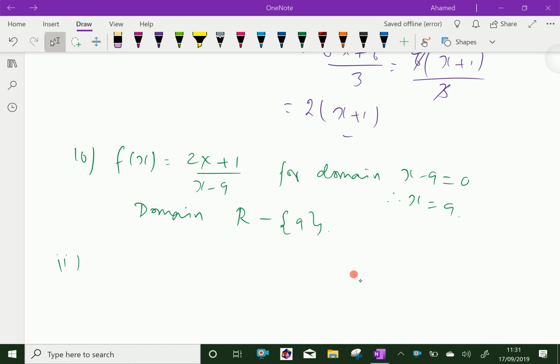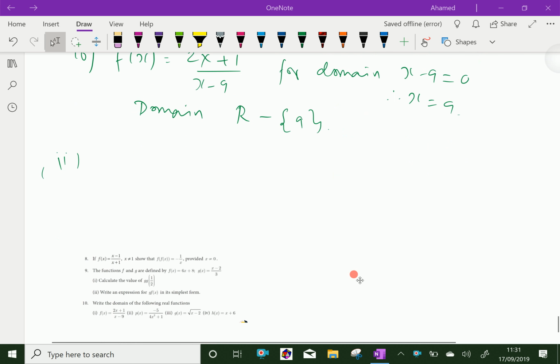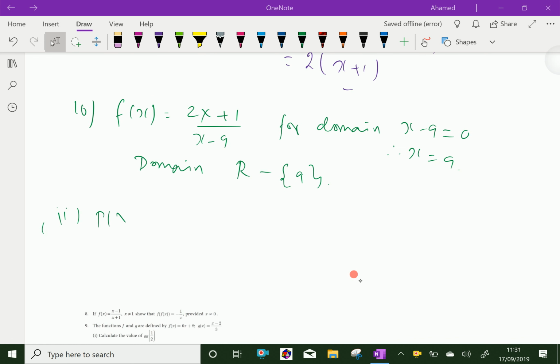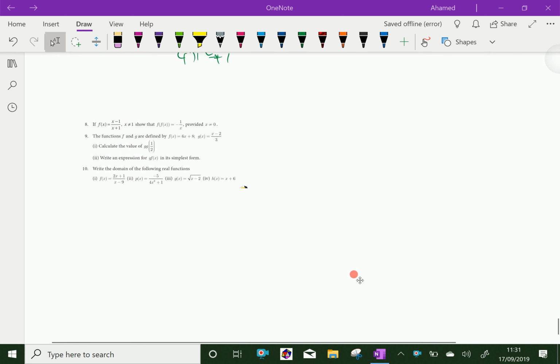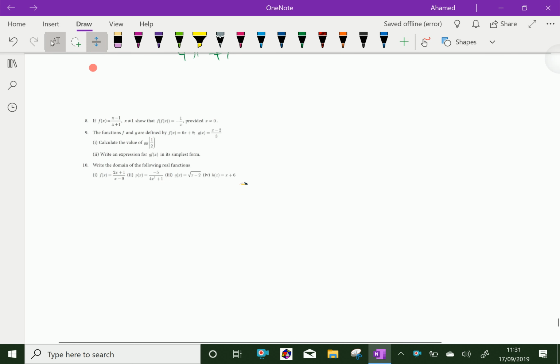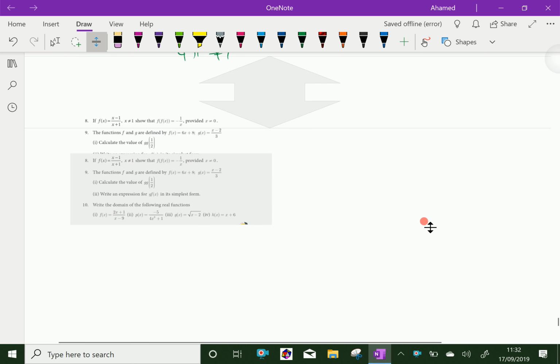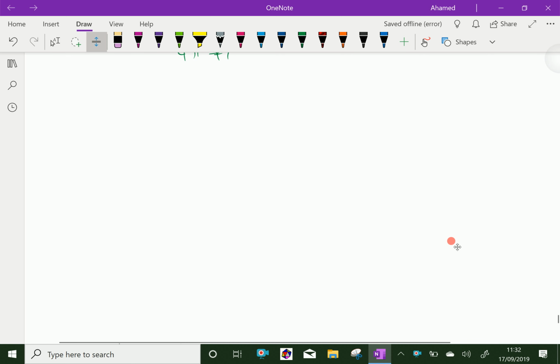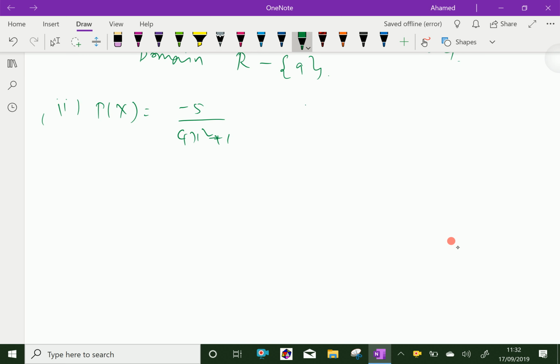The second part of the question, p of x equals minus 5 over 4x squared plus 1. Now second part, here for the domain, the denominator 4x squared plus 1 never gives 0.